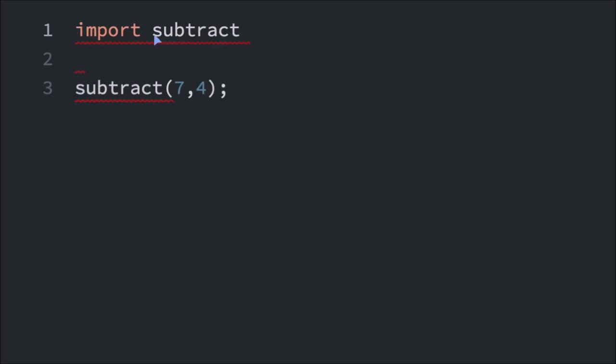If it's not a default export, you would put curly braces around this. But it is a default export, so we are not going to use curly braces. We still have to say what it's from. So from mathFunctions. Okay, so that is how you would import a default export.